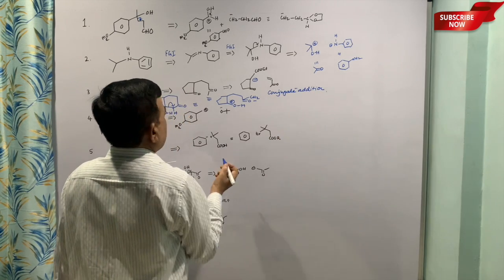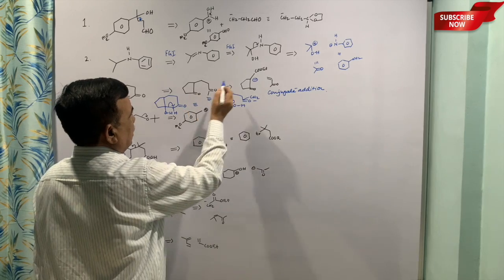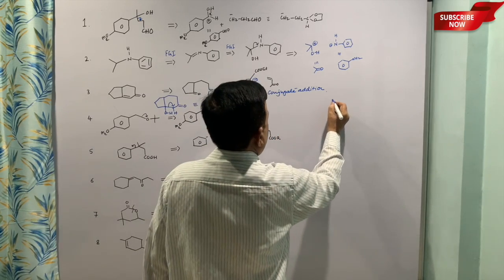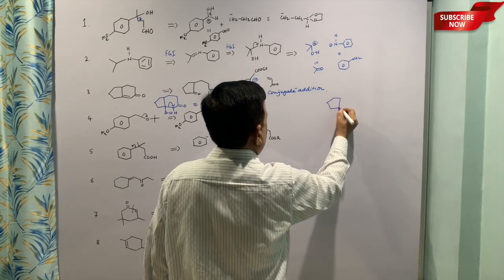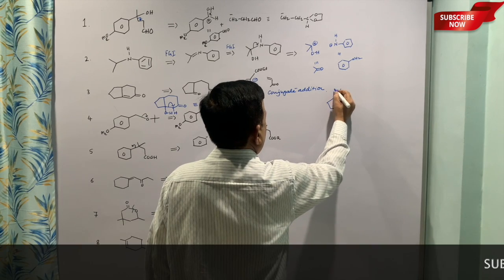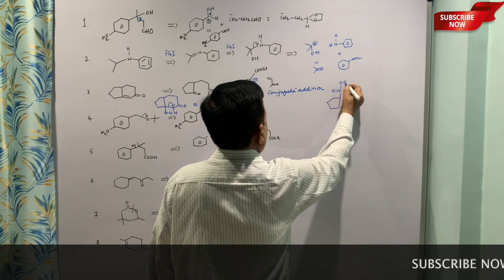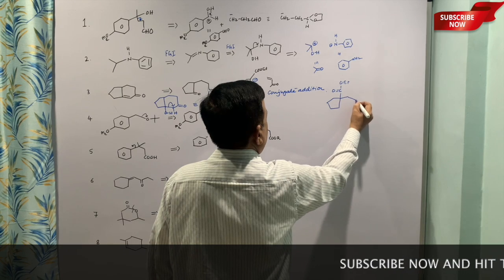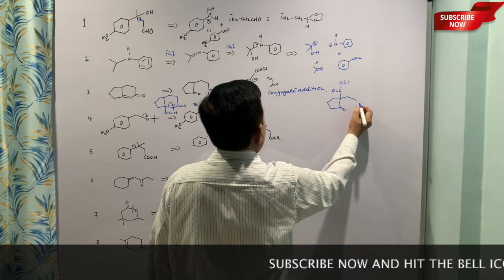Once conjugate addition is done, you will get this, the COOH would be there, that can be removed later on. So I will just put COOH, and then the carbonyl is there.